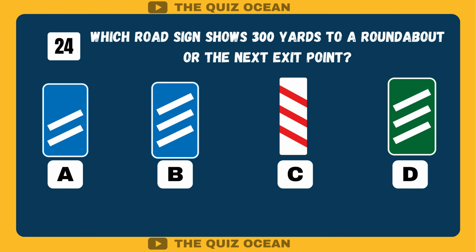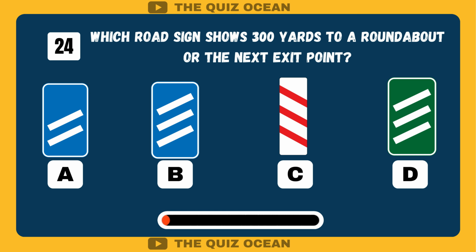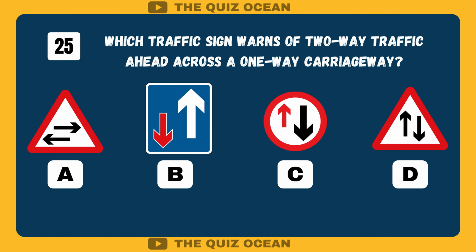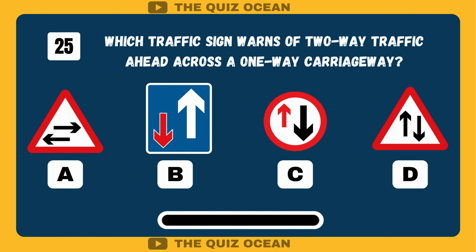Question 24. Which road sign shows 300 yards to a roundabout or the next exit point? The answer is B. Question 25. Which traffic sign warns of two-way traffic ahead across a one-way carriageway?